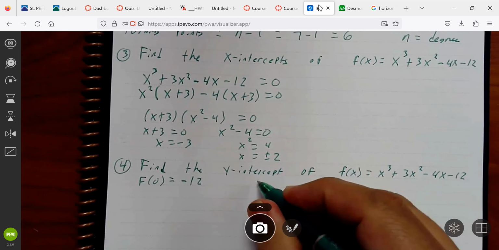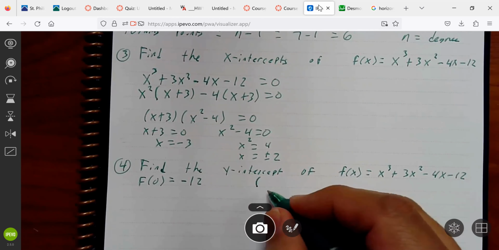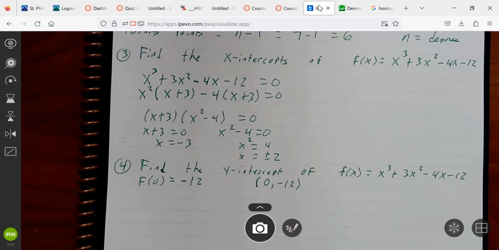So the y-intercept would be 0, -12. Any questions so far?